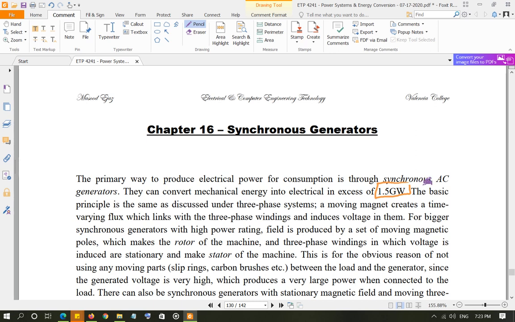Neither is it more efficient to choose the winding to be rotating when you are generating such a high current and voltage. So most of the time for synchronous generators, we choose the windings to be on the stator, where the voltage is induced, that is the armature winding, and we make the flux, the magnet, rotate and produce a time varying flux.